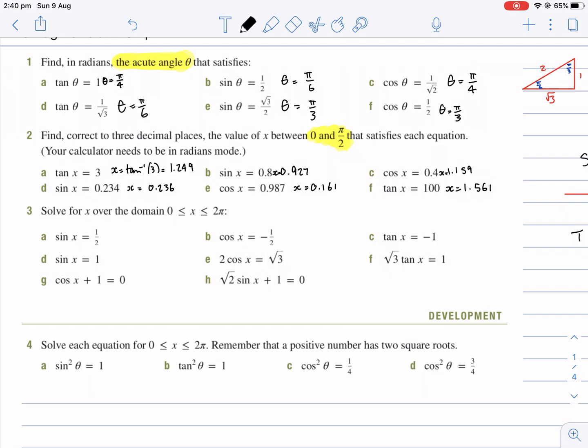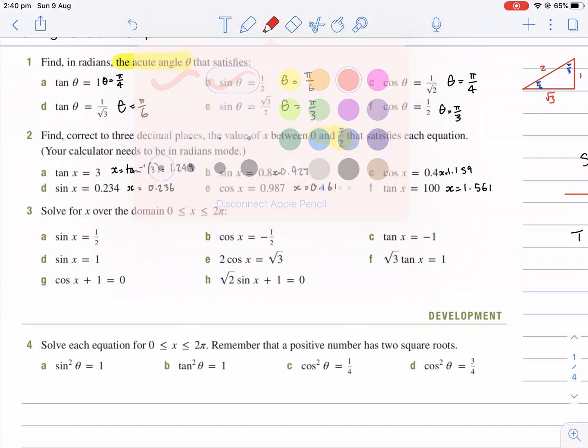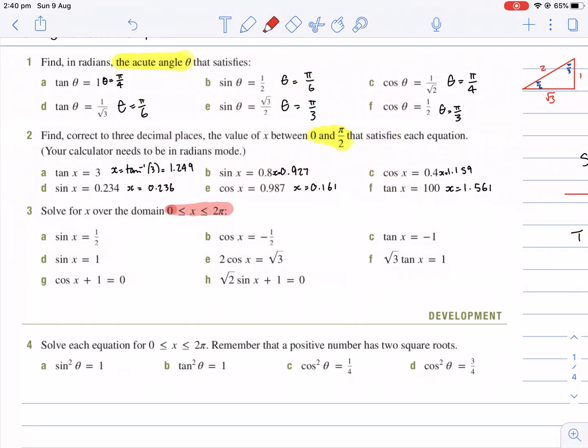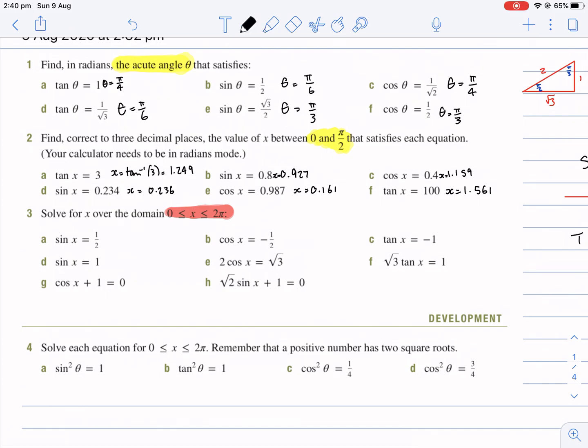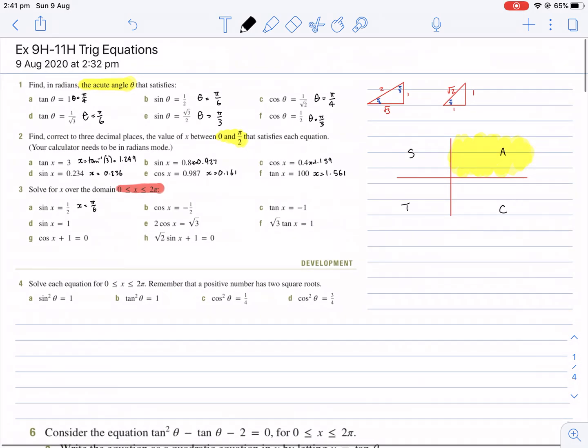Now we need all the way around. Between 0 and 2 pi, all the way around. So sine x equals a half, x equals pi on 6. So that's here, yeah?